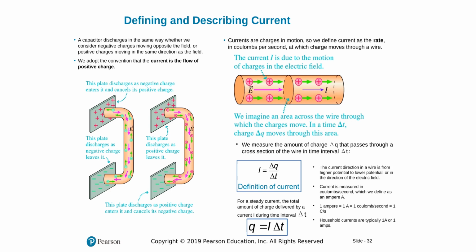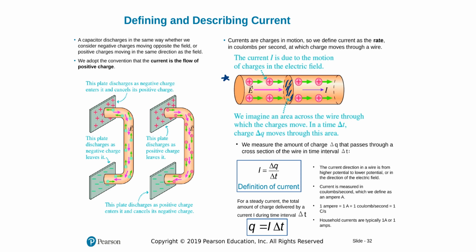Let's define current a little bit more descriptively or quantitatively. Current is described as the number of charges passing through a cross-section area per unit time. So charges per unit time across a cross-section area. This figure nicely shows it.